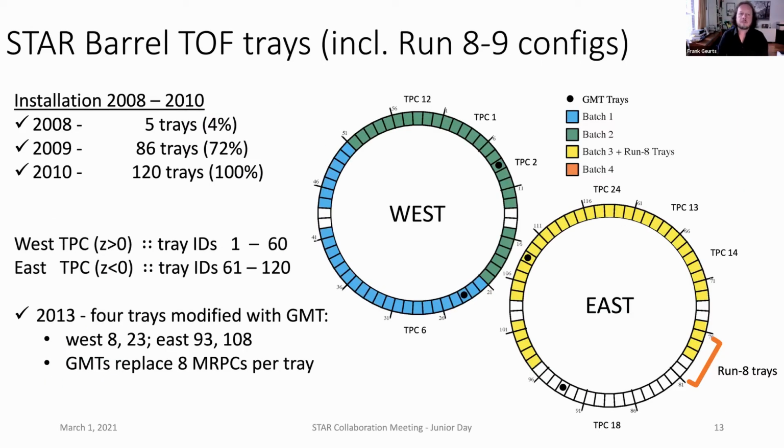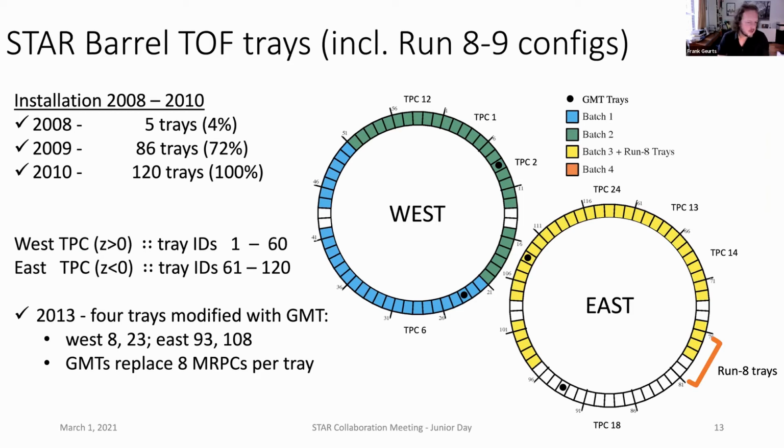The installation of the barrel timer flight started in 2008, where the first 5 trays got installed and verified, and then in 2009 we actually had about 70% of the trays installed, and this is, for example, in the pp at 200 GeV, that was in 2009, the time of flight detector already actively participated.